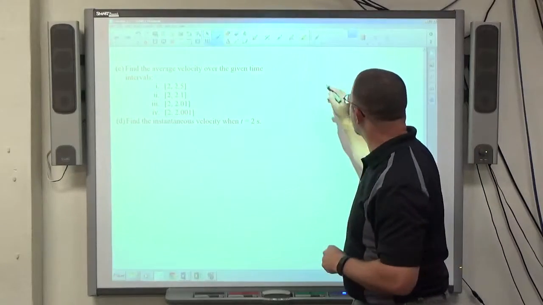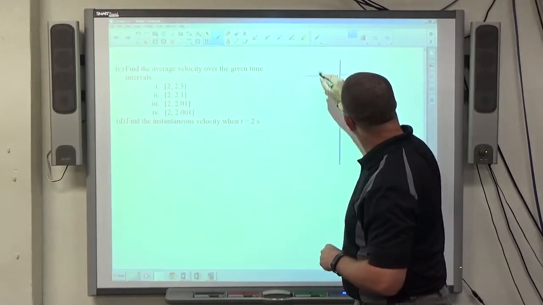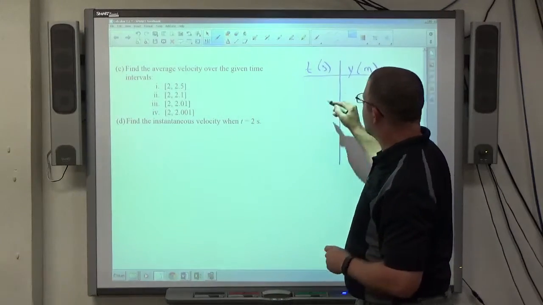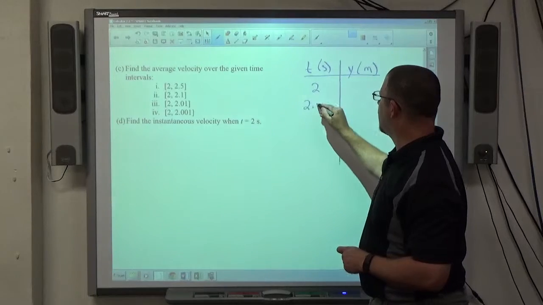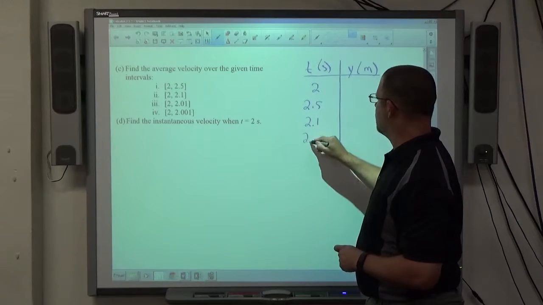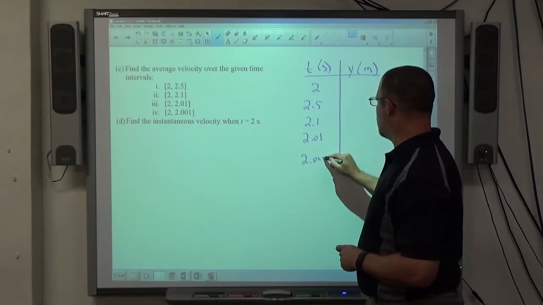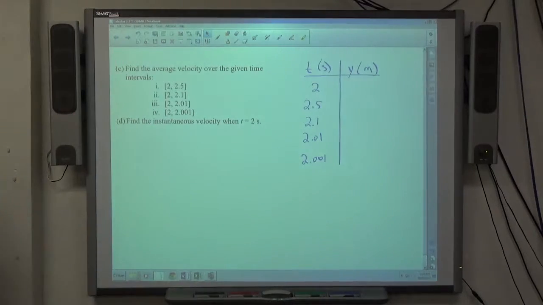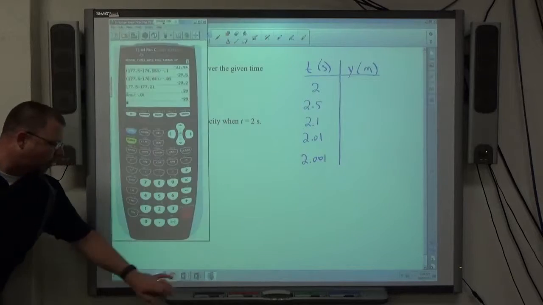So, if we take a look at the t-y chart on this one, t is still in seconds and y is still in meters. And the t's we're going to use are 2, 2.5, 2.1, 2.01, and 2.001. How do I find y? Calculator. Calculator, go back, and we have the exact same equation, right?